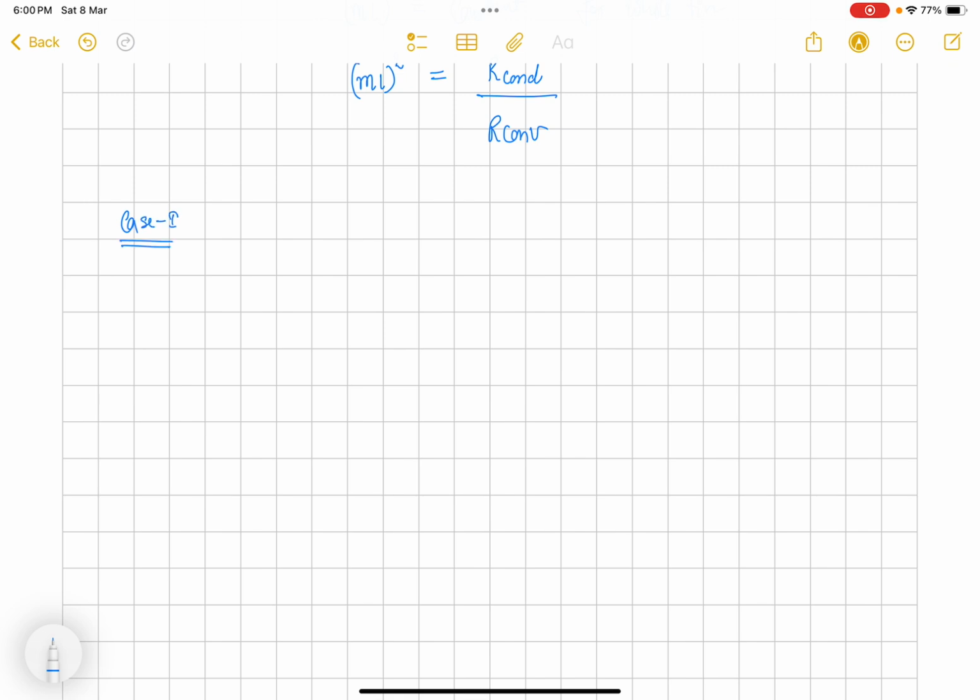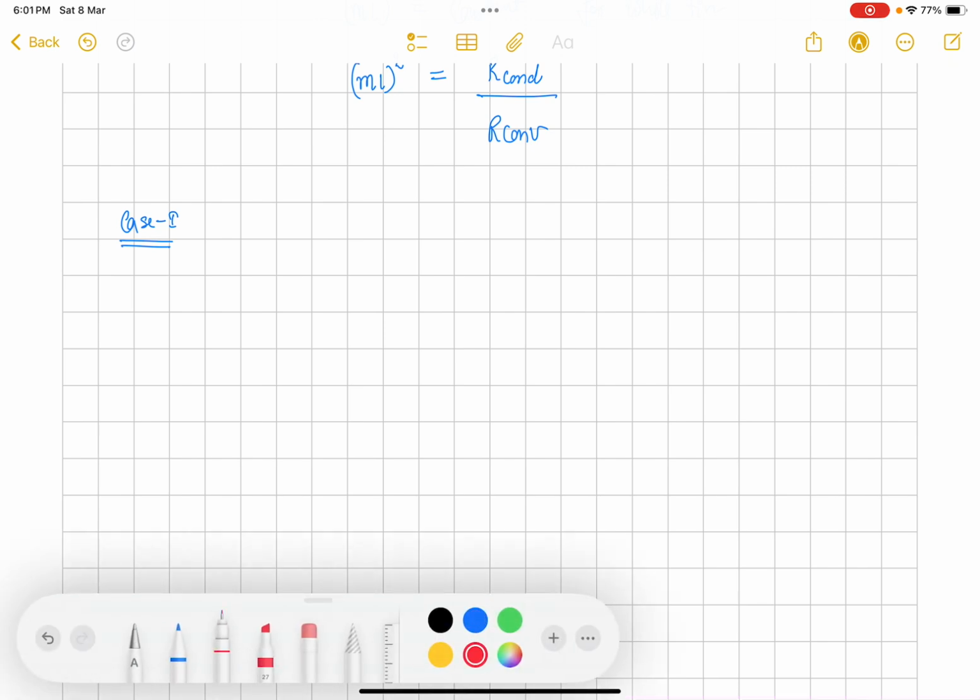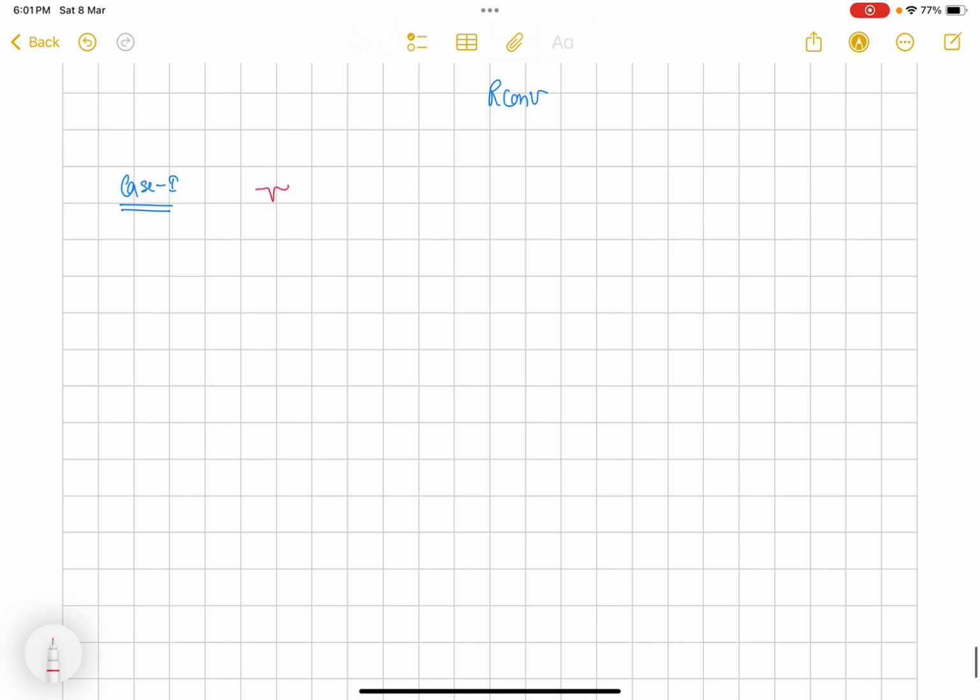I will just demonstrate how we can find the heat transfer for one case, and then you can propagate to the other cases also. Let's say we have a very long fin, long fin.